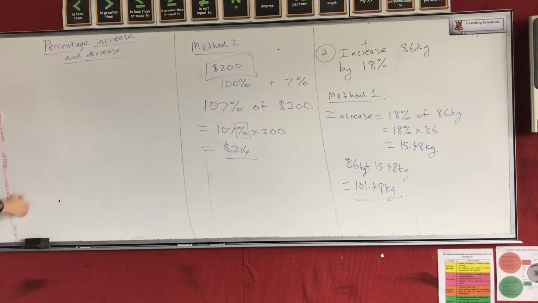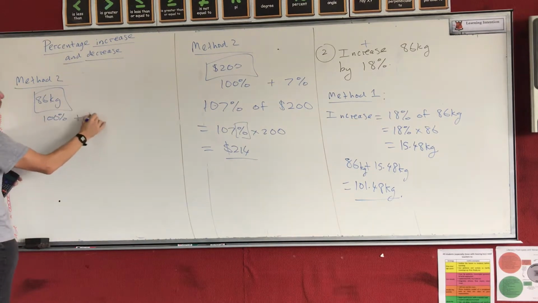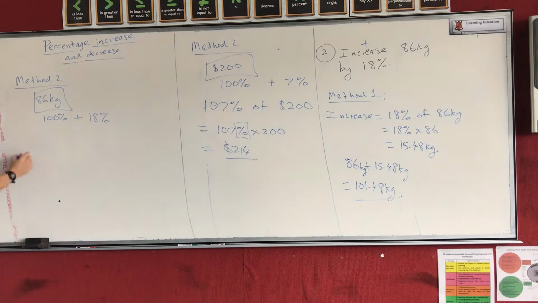Let's look at method 2 for the same question. We've got the 86 kilograms. That's our 100%, isn't it? And we're adding 18%, so we're going to find 118% of 86 kilograms.